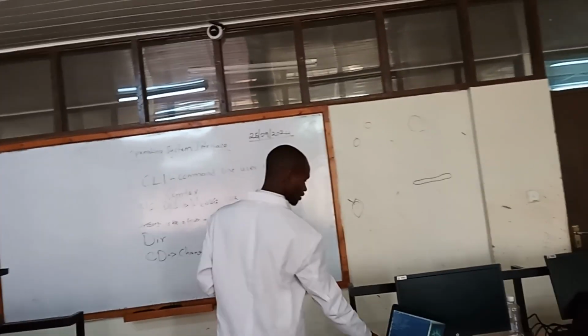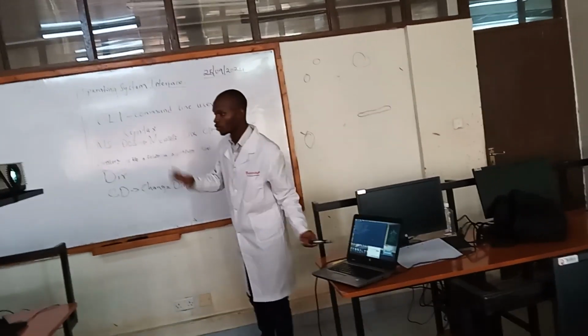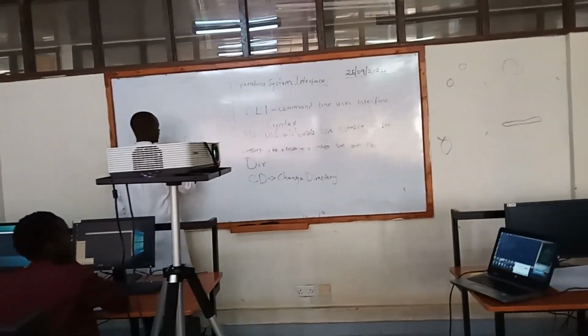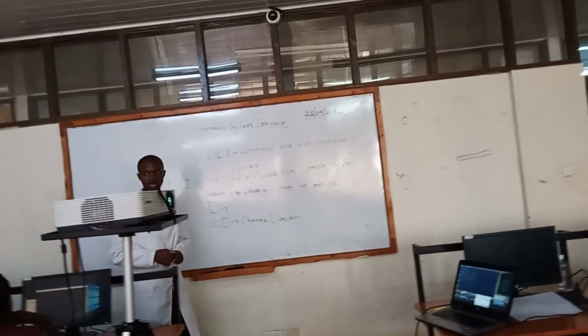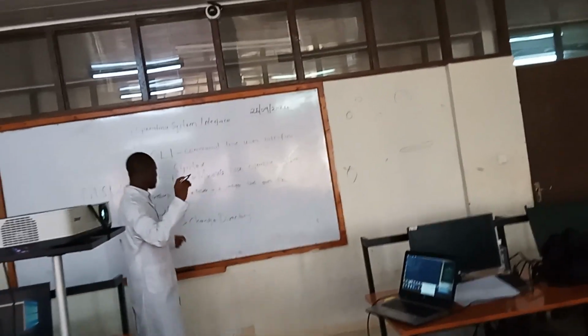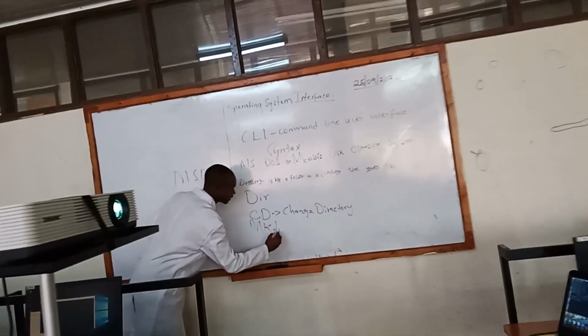Very good. Then from there, I want us to create a common folder called MSDOS. Just create a folder called MSDOS, just like that. How are we going to do that? We are going to use another command called make directory.